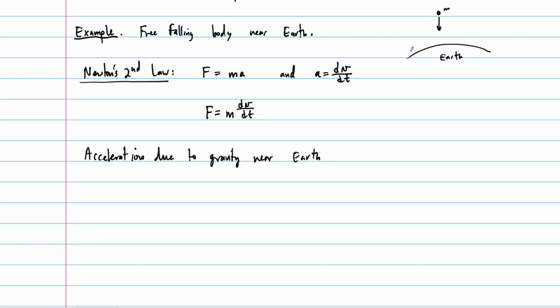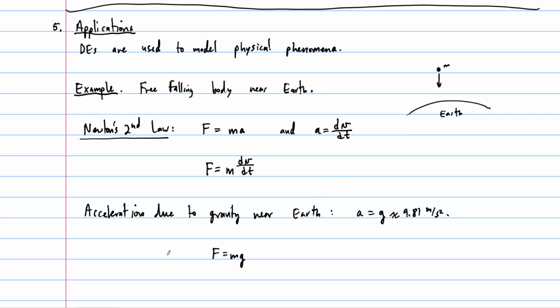Near Earth, A is just a constant equal to g, which is about 9.81 meters per second squared. That's the constant acceleration due to gravity pulling downward, the same direction as in the picture. So on one hand, we could replace this with F equals mg. But if we're really close to the surface of the Earth, we also have to factor in the atmosphere. This is not just happening in space, in a vacuum.